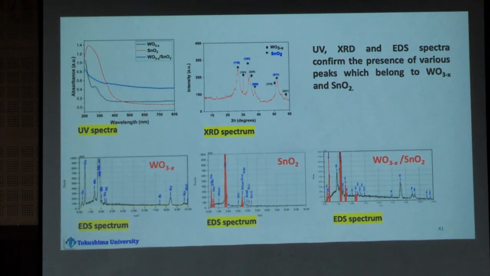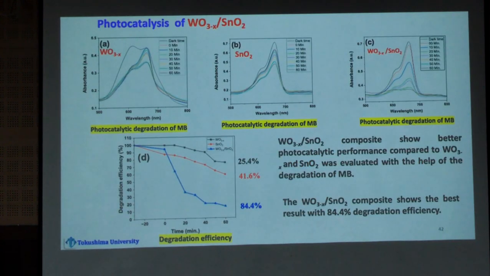This is the characterization. I will not go into the detail because of time, but it confirms the formation of these binary structures. Binary structure can give better performance, although it is not 98, 95%, but if we add some metal to it, this efficiency will definitely increase. However, it gives an idea that we can use SnO2 and WO3 while making the ternary composite.